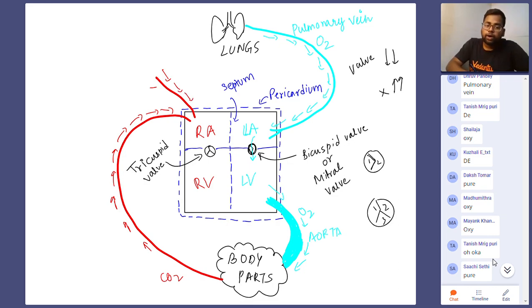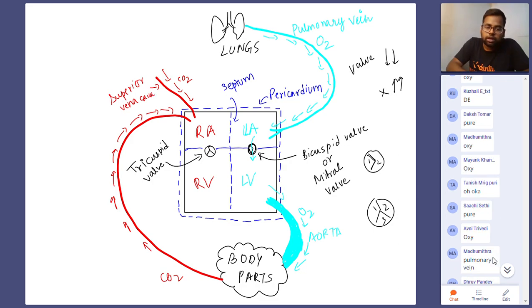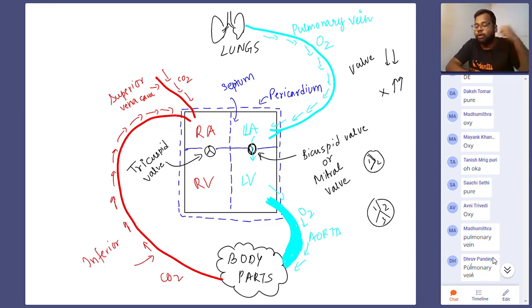This one is called the superior vena cava because it carries deoxygenated blood from the upper body parts to the heart. And this is called the inferior vena cava. This carries deoxygenated blood from the lower body parts.